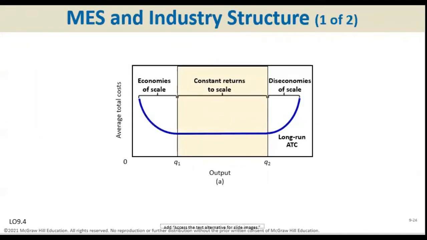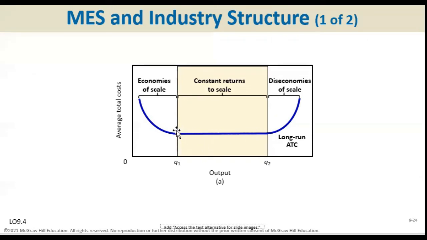This is a long-run average total cost curve showing an industry with an extended range of constant returns to scale. So producing from Q1 to Q2, this extended area, the cost is still the same.